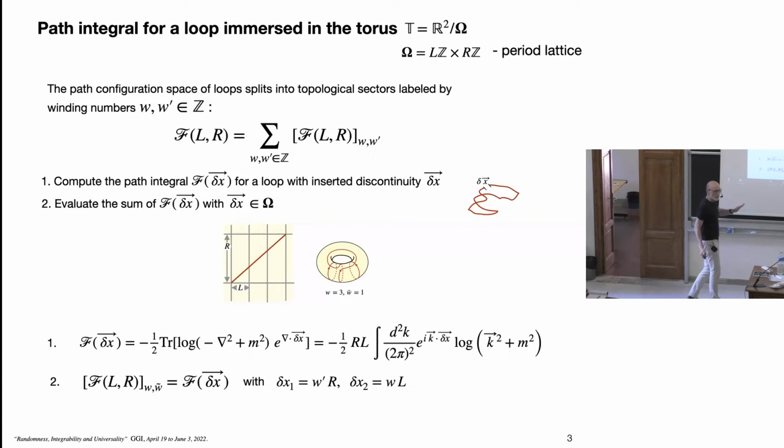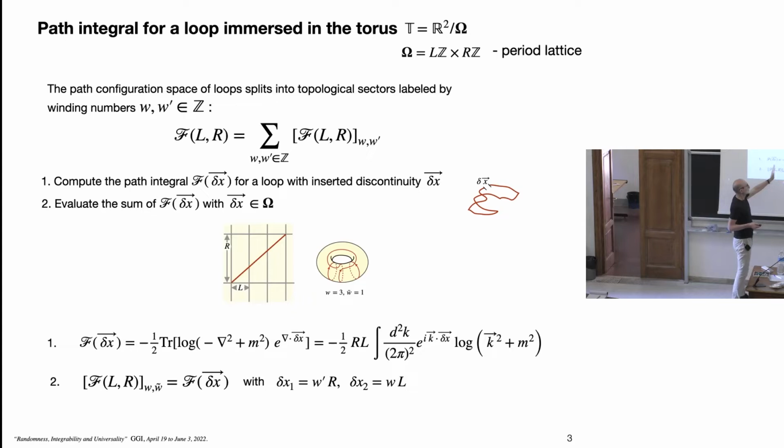So we know that the integral over one loop is log det of the Laplacian. So I just take log det of the Laplacian, and I say this is the integral over one loop. But I insert this discontinuity delta x, which belongs to the period lattice of the torus.